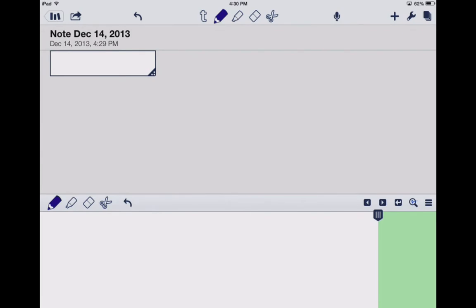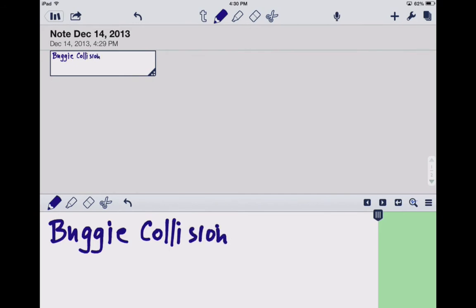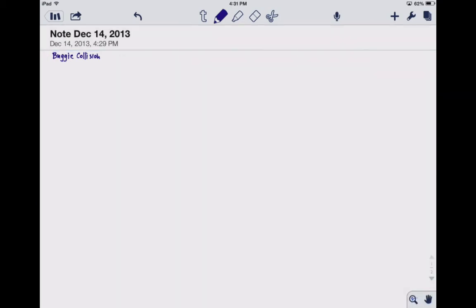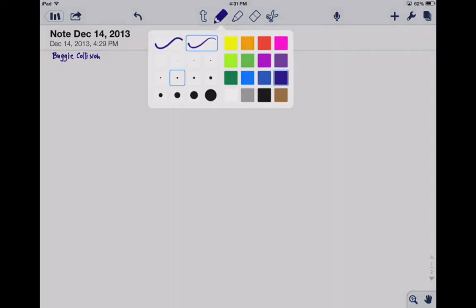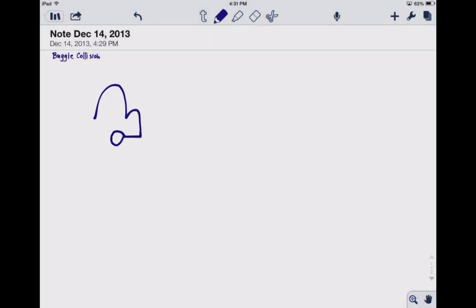We have a buggy collision. I'm going to set up the problem with two buggies a certain distance apart. We'll have a blue buggy travel this direction at 5 centimeters per second.